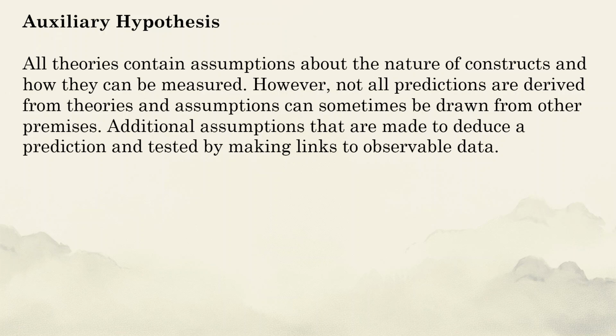So not all predictions are derived from the theories, and assumptions can sometimes be drawn from other premises. This may be required to make sense of the evidence that is presented or the evidence that we have extracted based on the theory that we are employing. Additional assumptions that are made to deduce a prediction and tested by making links to observable data after we test it, that is called auxiliary hypothesis.